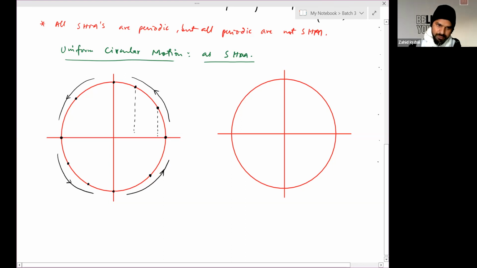Further, it will be at this point, and further, at this point. So if you define its motion, first it will tend to go along this way to reach this point. Further, it moves along this way to reach this.